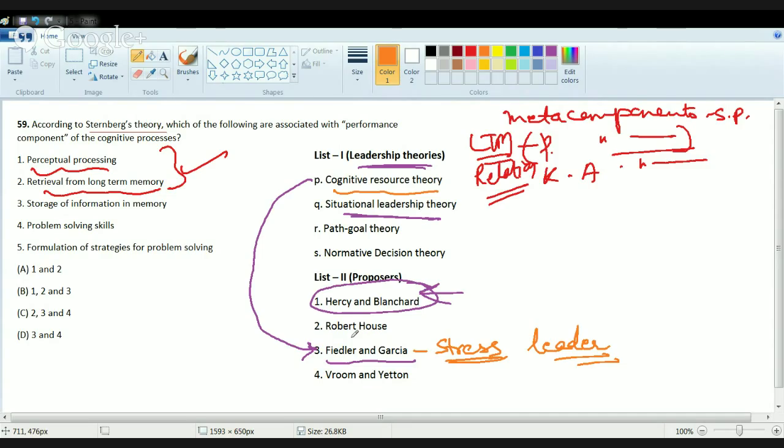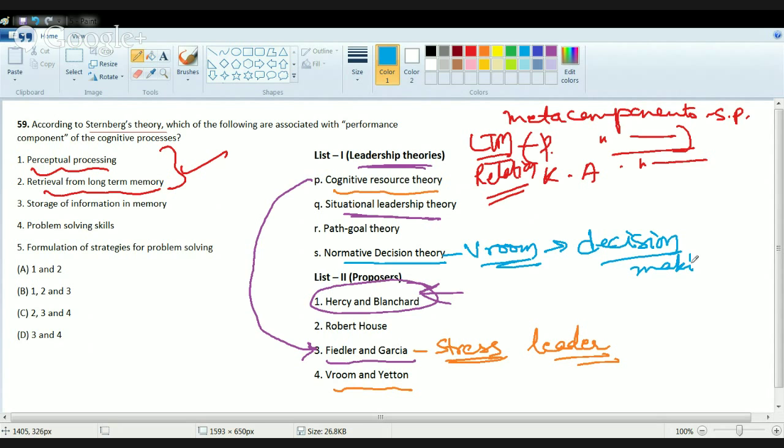You have Vroom and Yetton's model on normative decision theory. Under this theory, Vroom tries to predict the effectiveness of the decision-making process: how effectively I can take a decision under a situation. And finally, you have the path-goal theory by Robert House.